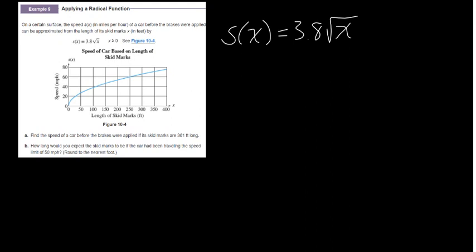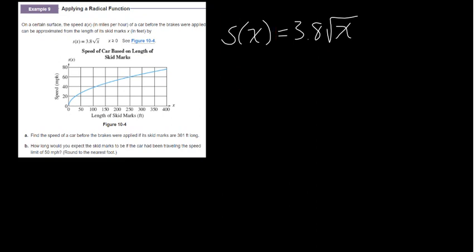The speed s of x in miles per hour is the speed of the car, and s of x is essentially y. It can be approximated from the length of its skid mark x in feet. So that takes care of both of my variables. Now I know what I'm dealing with.